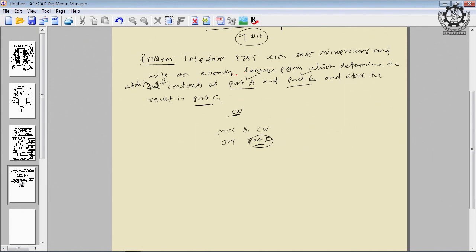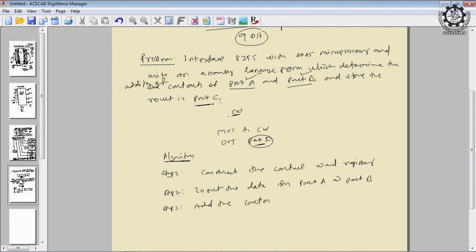Before solving this problem, let us consider what algorithm we should follow. Step 1, construct the control word register.